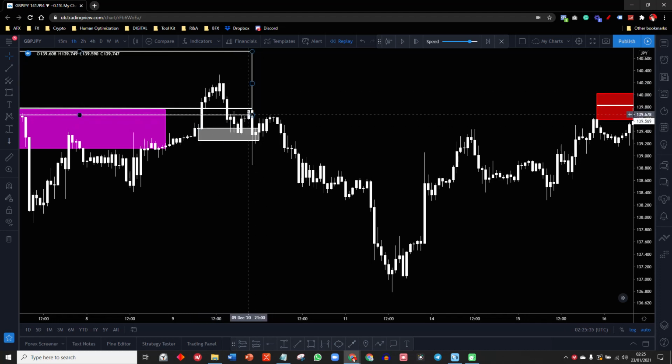We've got the origin of the zone that broke it, and we have the birth that actually led to the break. In this instance, these two are quite wide apart, so we'd have one entry. We'd split our risk. We'd put one entry here for a short, and we put another entry here for a short.